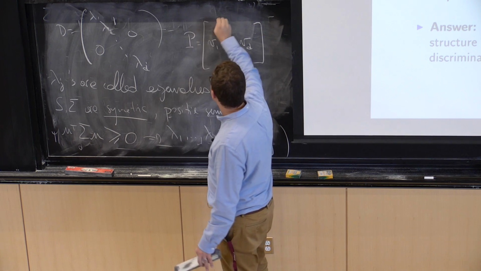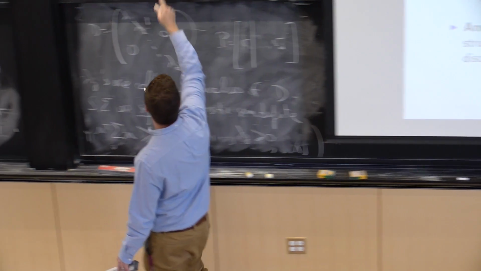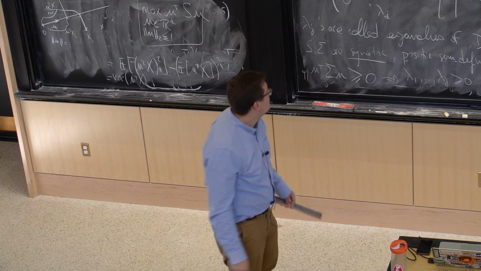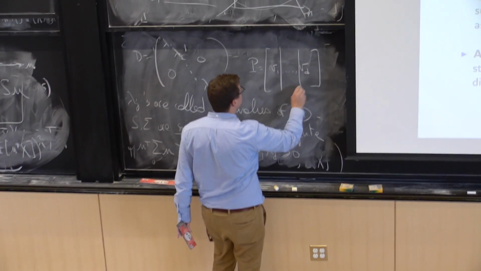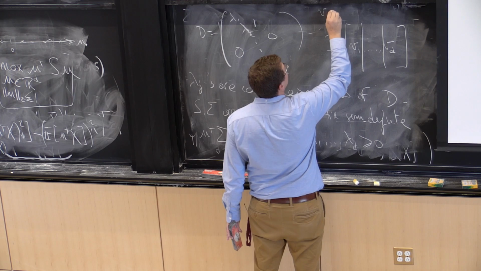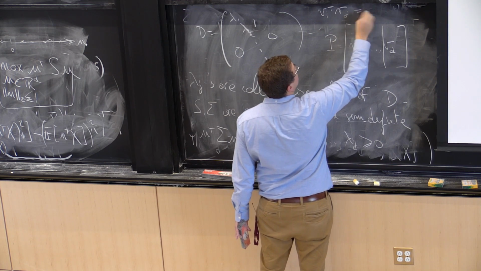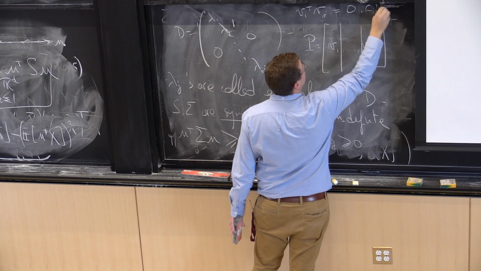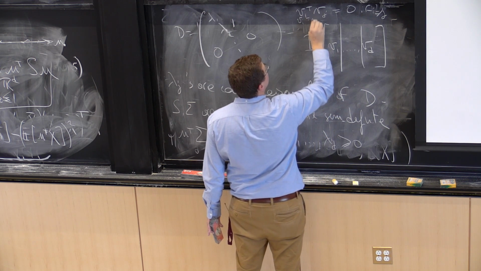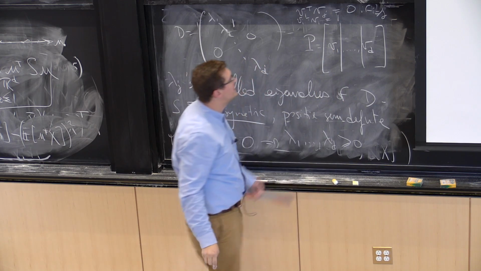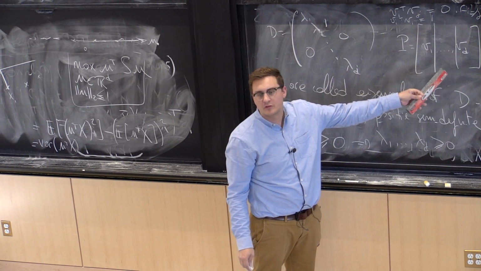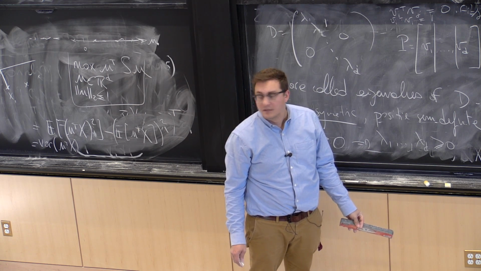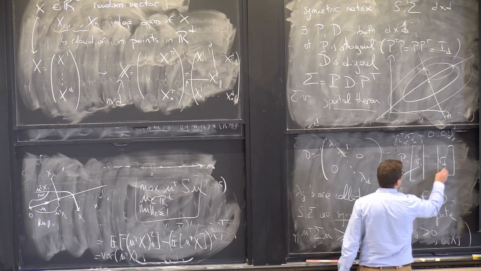The fact that it's orthogonal, that P transpose P is equal to the identity, means that those vectors satisfy that Vi transpose Vj is equal to 0 if i is different from j, and Vi transpose Vi is equal to 1, because the entries of P transpose P are exactly of the form Vi transpose Vj. So those V's are called eigenvectors.